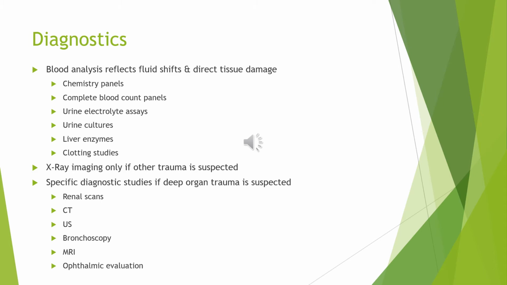And then other specific diagnostic studies would be done if deep organ trauma is suspected, such as renal scans, CAT scans, ultrasounds, maybe bronchoscopies if it is an inhalation burn, MRIs, and then ophthalmic evaluations if the face has been burned.